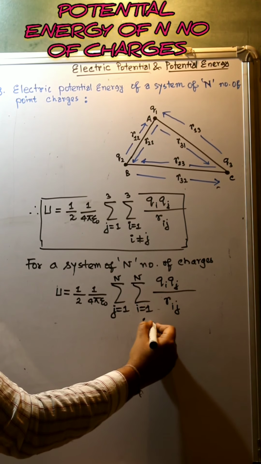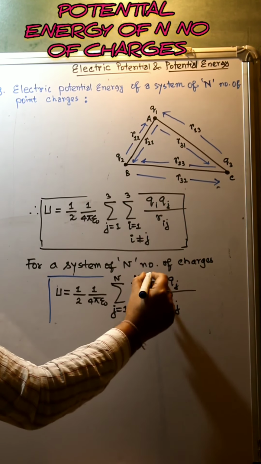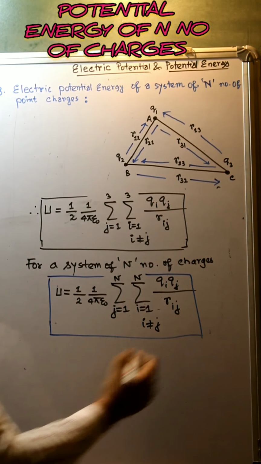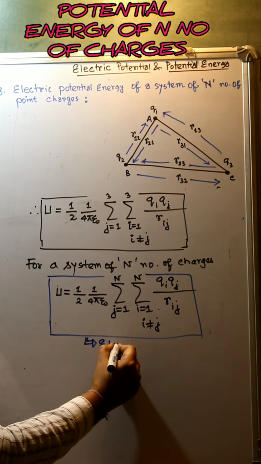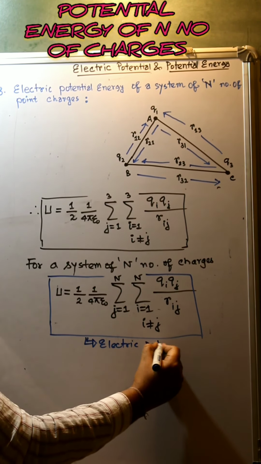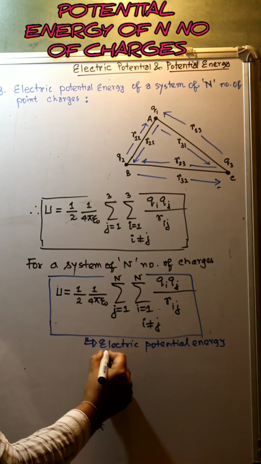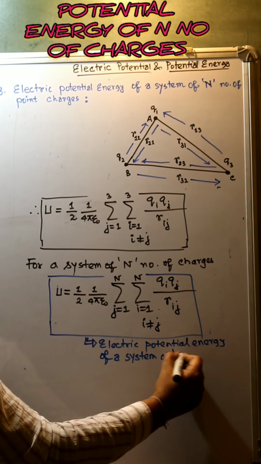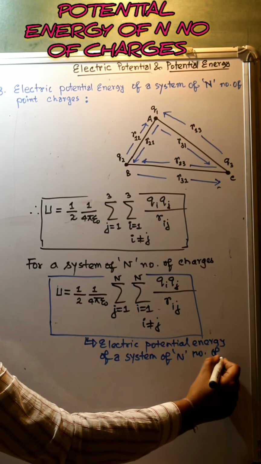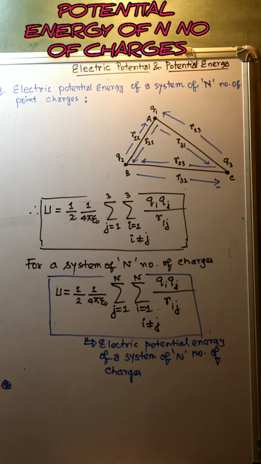And here we write i not equal to j. So this is the expression of the electric potential energy of a system of n number of charges.